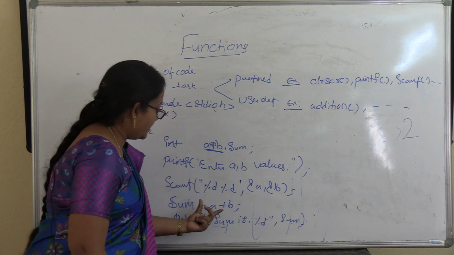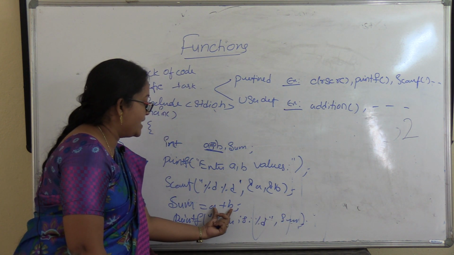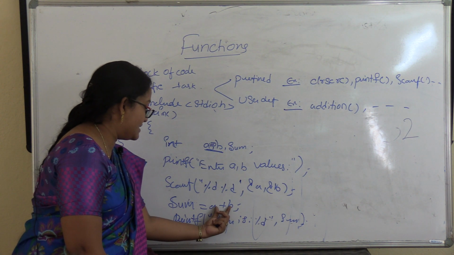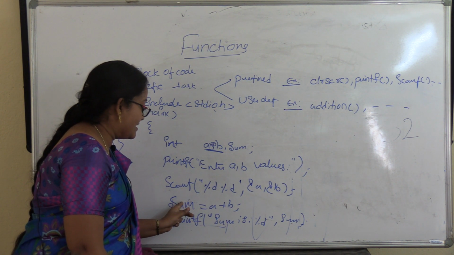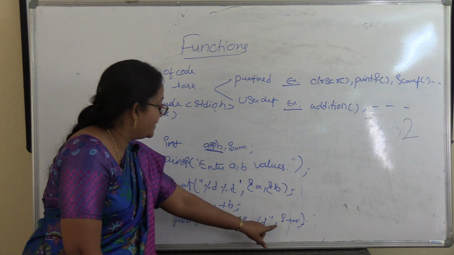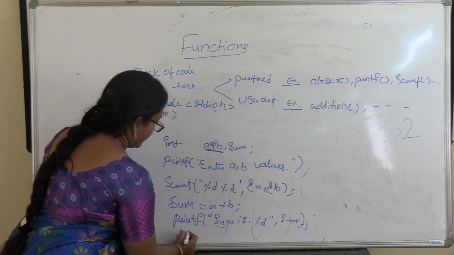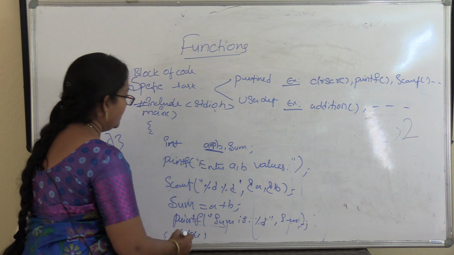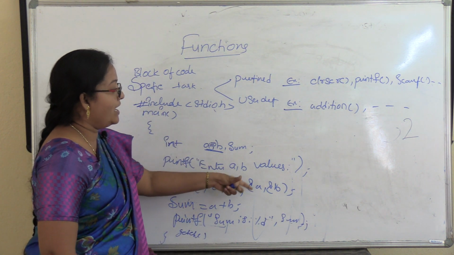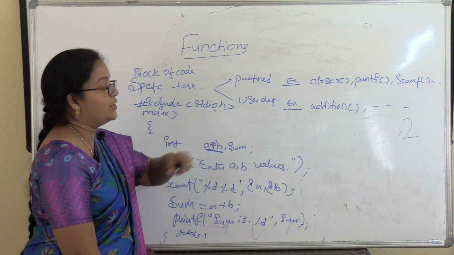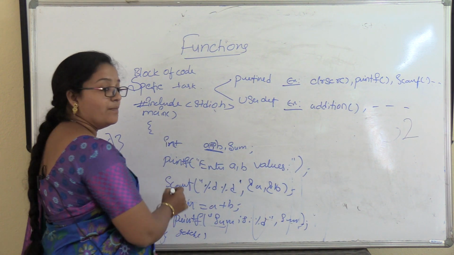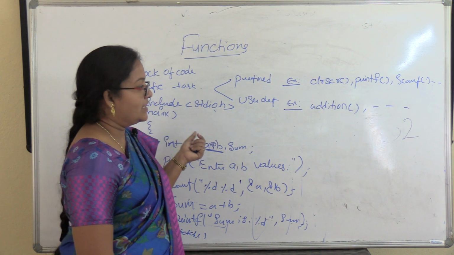Here the resultant value of a plus b will be stored in the sum variable. So I am taking sum, semicolon, getch. This same program can be written in another way also by using user defined functions. Okay, thank you so much.